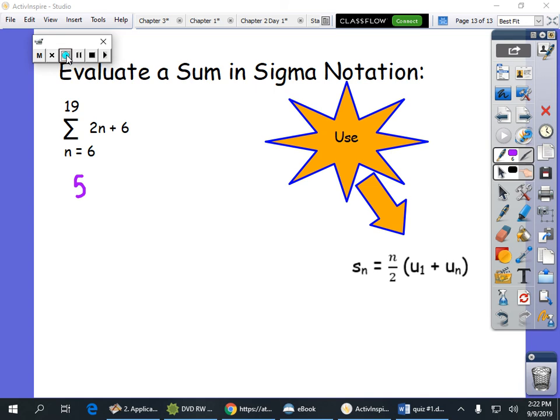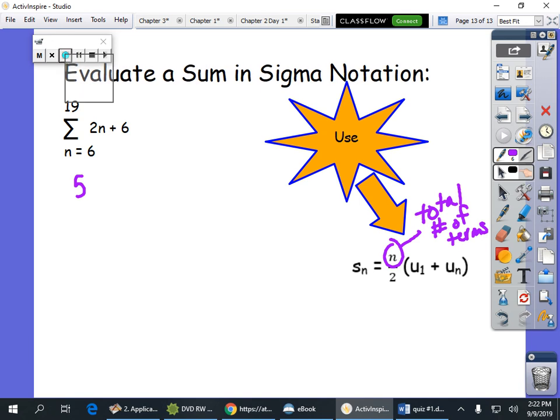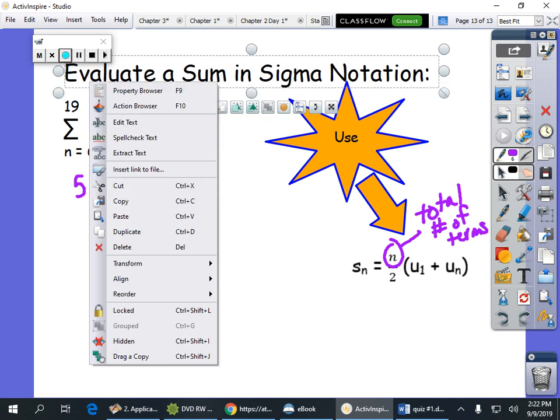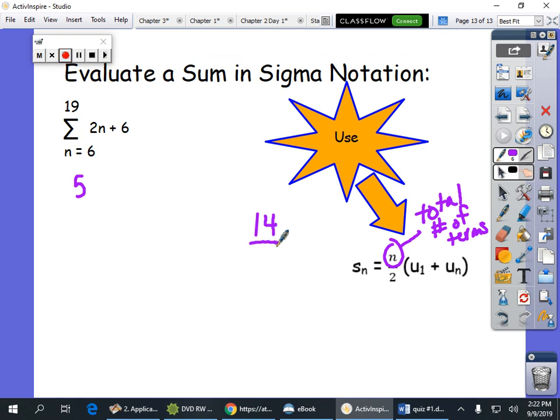All right, so here we go. Remember, this is the total number of terms. From 6 to 19 is actually 14 different terms, so that's going to be 14 over 2. I want to know the exact first term. How do I get it? Plug it in. 2 times 6 plus 6, 12 plus 6, or 18.